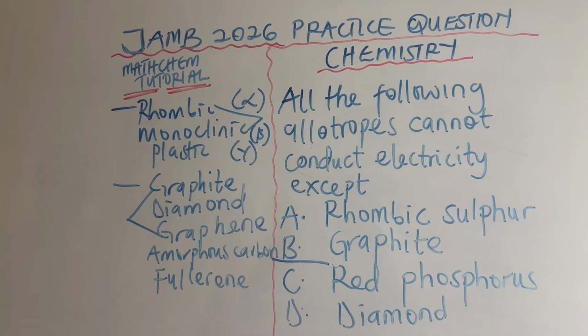Although graphite is a non-metal, it conducts electricity. Now look at diamond. Diamond is shiny and hard. We all know diamond, it is a common thing that everybody knows. It has so many properties of metals. But one bad thing that diamond has is that it cannot conduct electricity, because it doesn't have free electrons.